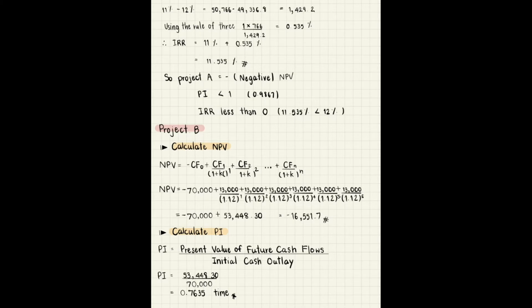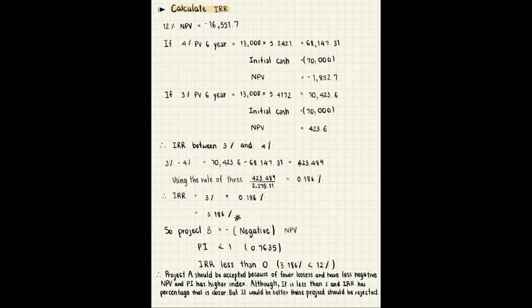So let's move to calculate the profitability index, and the formula is present value of future cash flows divided by initial cash outlay, which is 53,448.30 divided by 70,000, equal to 0.765 times.